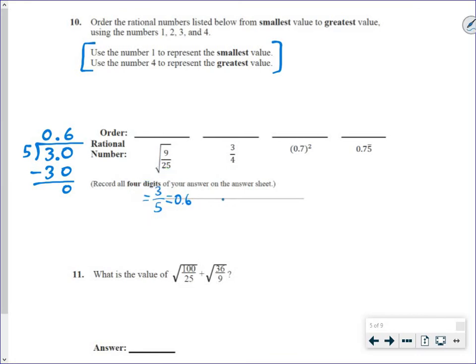3 divided by 4 equivalent is 0.75, and 0.7 squared. So let's maybe do that over here. 0.7 times 0.7. So the trick here, going back a few years, swoop those decimals until you have a whole number. So that's once, that's twice. So effectively you're just multiplying 7 by 7 now. So 7 by 7 is 49, and 49 decimal.